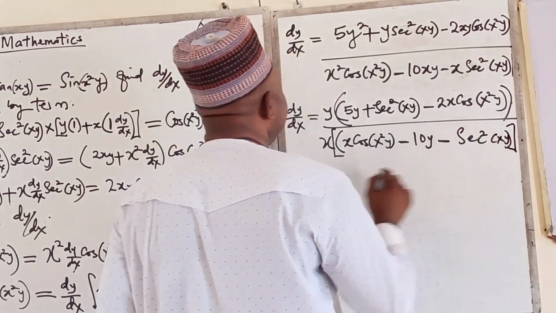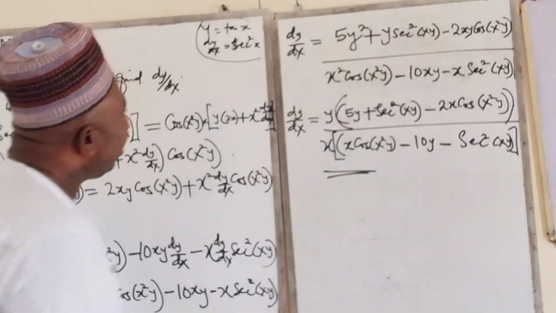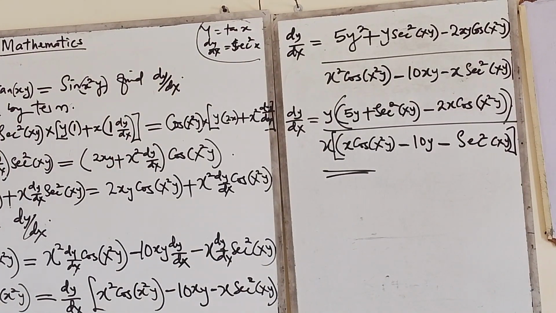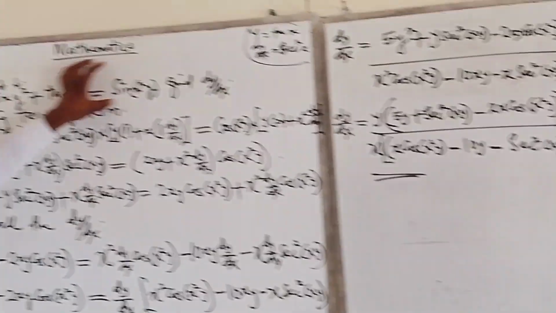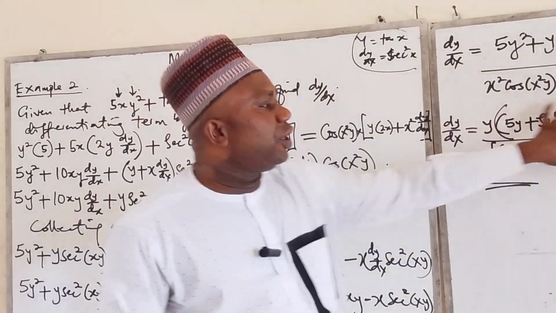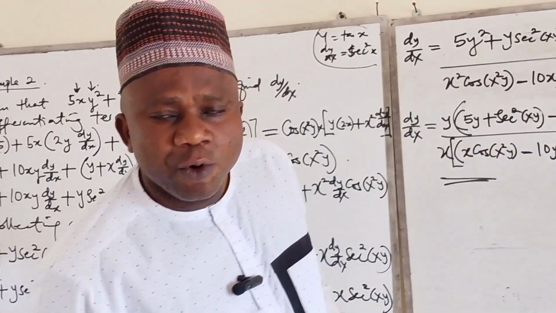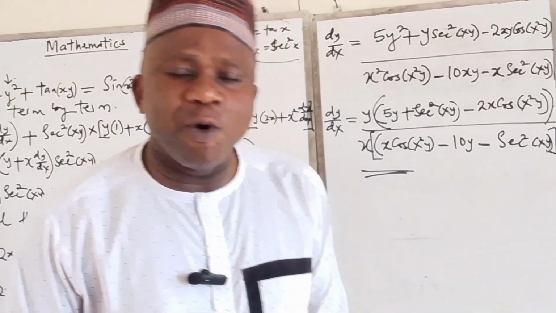So yes, that ends this question. Given this implicit function, dy/dx will be equal to the whole of this.